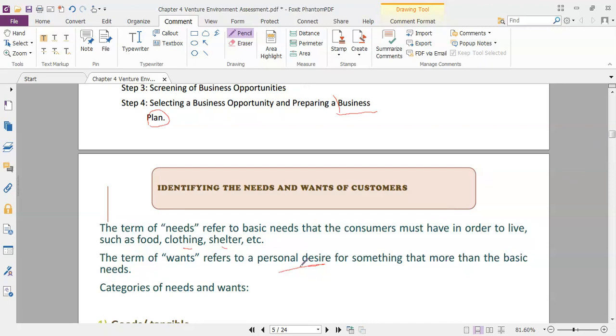For example, you want to buy an iPhone, iPhone 14, for example. That is your personal desire, not the need.